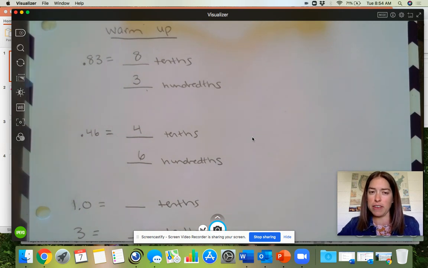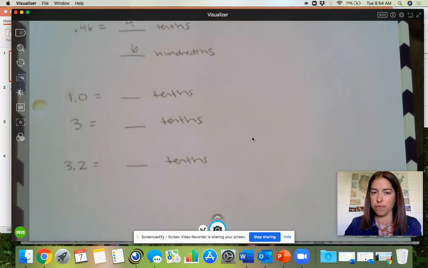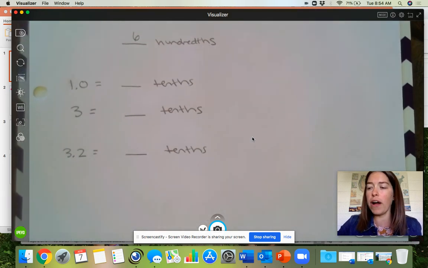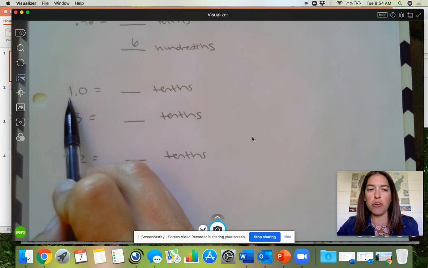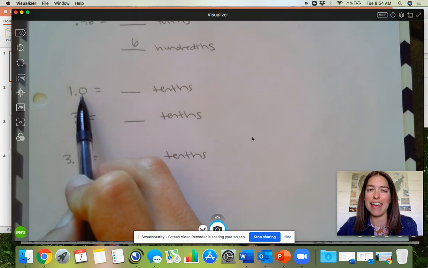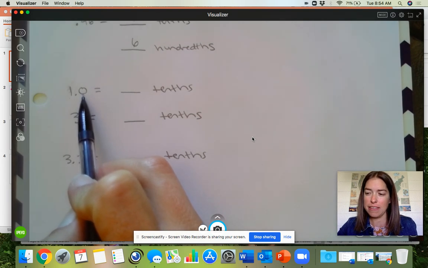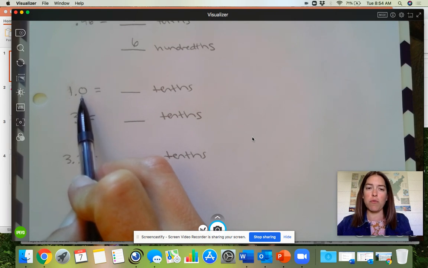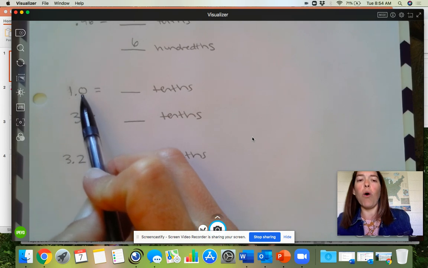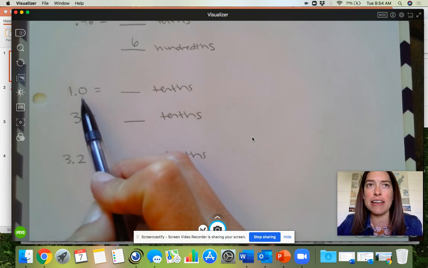All right, now it's going to get just a little bit trickier. Looking at our next example, now I have 1 whole. So I don't actually have anything in the tenths place, but I know there's still some tenths in there. Just like when we want to know how many ones are in the number 10, we know there's 10 ones in 10.